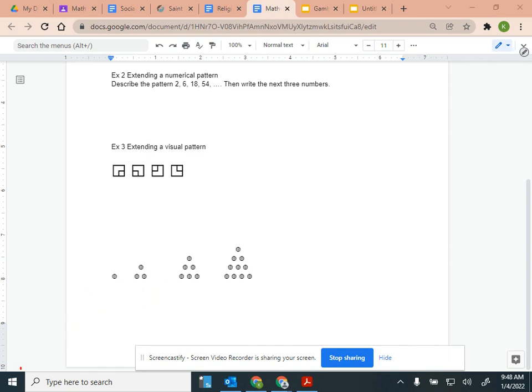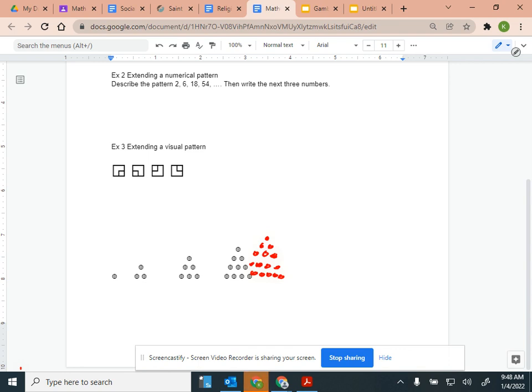What would our next figure look like in our pattern? Who can come up and draw it for me? Brielle. Very good.